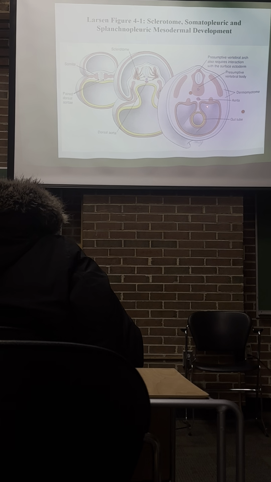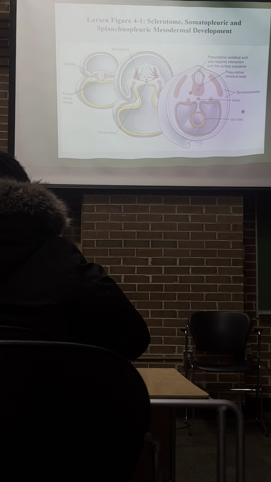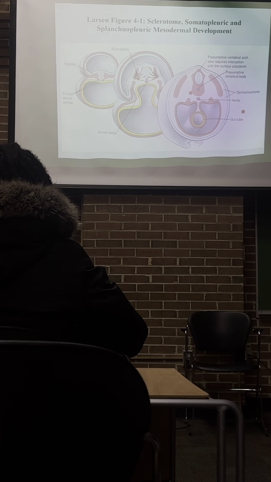So, splanchnic lateral plate mesoderm, somatic, lining the body wall. That's the fibrous tissue you see inside, for instance, the thoracic cavity. And then the splanchnic mesoderm here, it's lining the gut tube. So what kind of tissues do you have in the gut tube that are mesoderm derivatives?